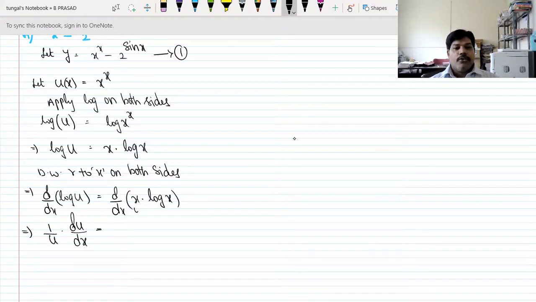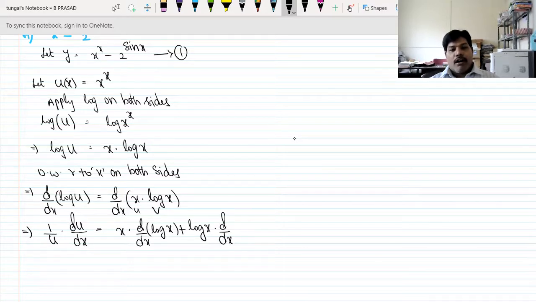On the right side it is the u v formula: u into v dash plus v into u dash. So that is x into the derivative of log x, which is 1 by x, plus log x into the derivative of x, which is 1.